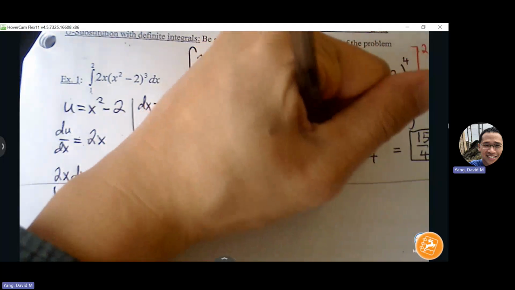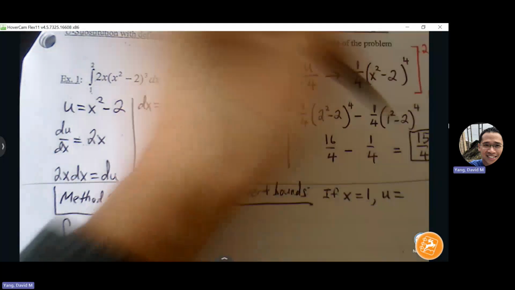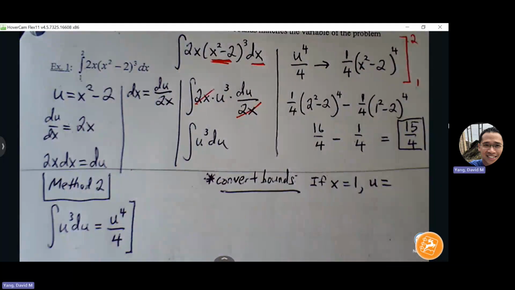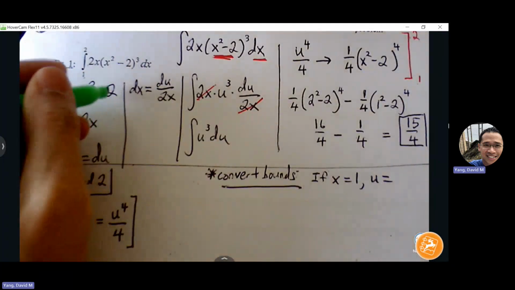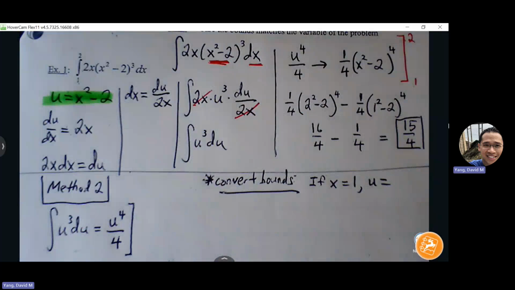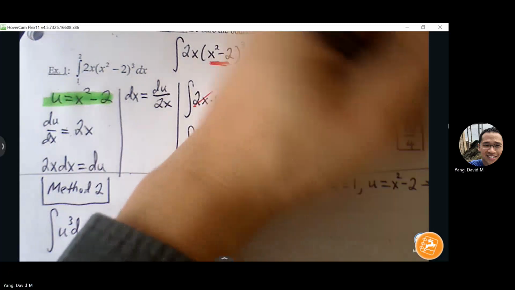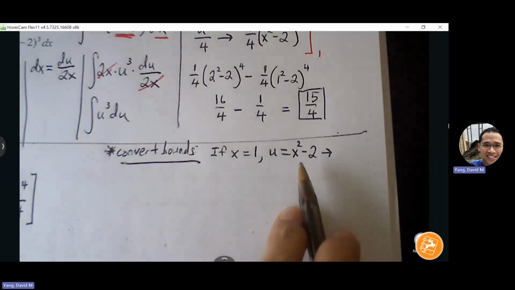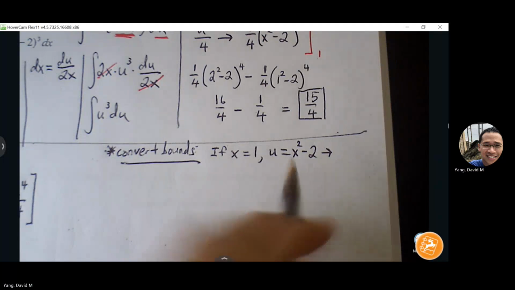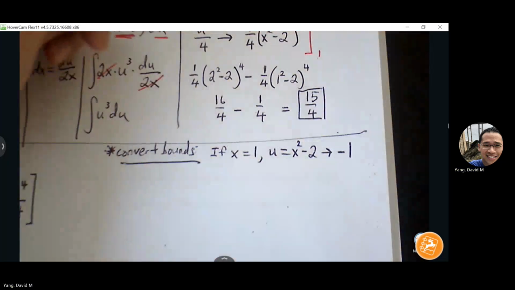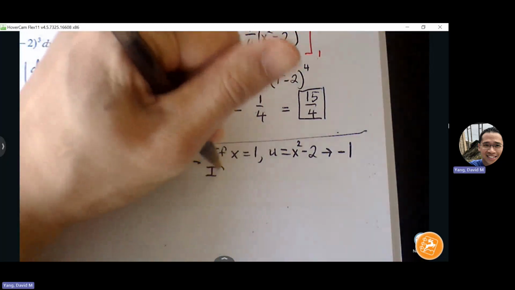So if x is 1, then u is, there's my conversion. My conversion is x squared minus 2. So this is how I can convert from one variable to the next. So if x equals 1, then u is equal to x squared minus 2. And if I plug 1 in for x, what do I get? 1 minus 2 is negative 1. Okay, let's convert the other bound.